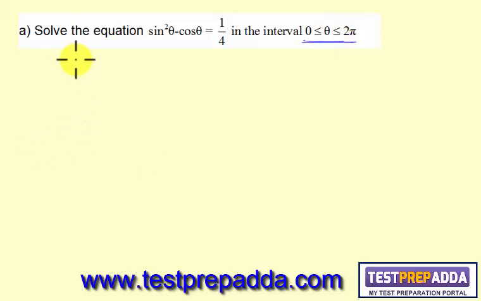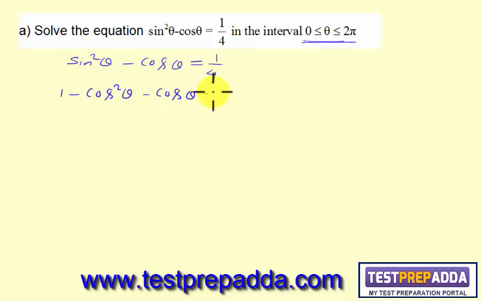The equation is sin square theta minus cos theta is equal to 1 by 4. If I write the sin square theta as 1 minus cos square theta, minus cos theta is equal to 1 by 4, and this equation can ultimately be written as 4 cos square theta plus 4 cos theta minus 3 is equal to 0.